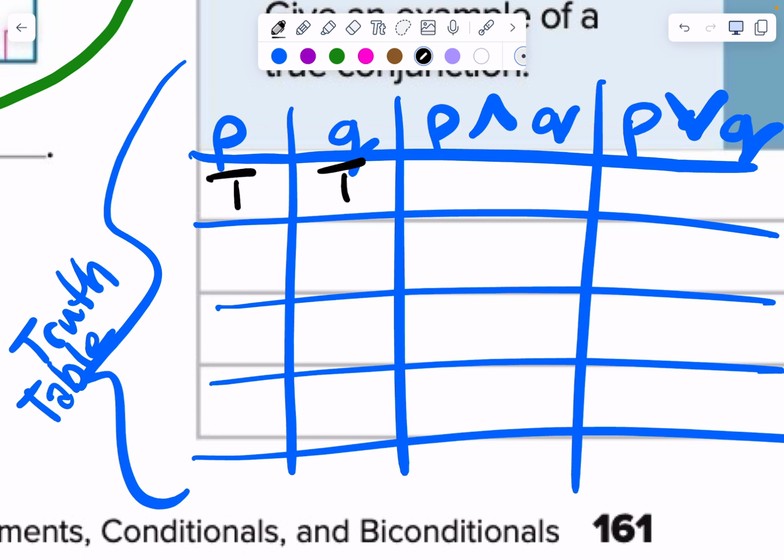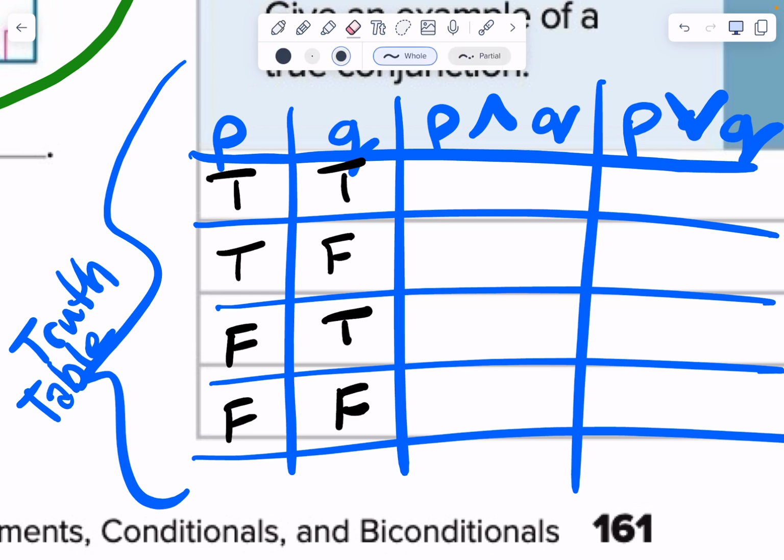What else could I have? A true and a false. A false and a true. Or a false and a false. Those are all 4 combinations of what could happen. They could both be true, both be false, or I could have one of each. This is how we fill out this truth table. Those are all 4 scenarios that could happen.